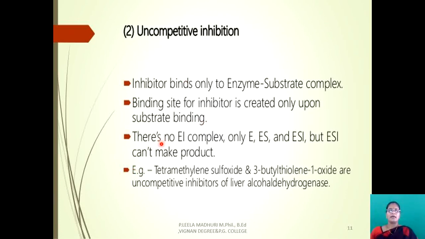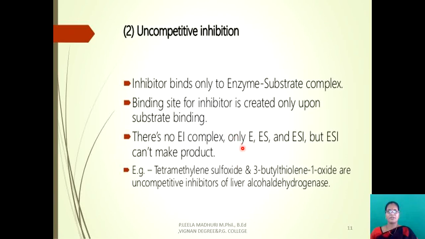So there will be no EI complex formation, only enzyme, ES and ESI, but ESI cannot make product. So only enzyme and ES complexes can be formed. The formed ESI cannot be converted into product.